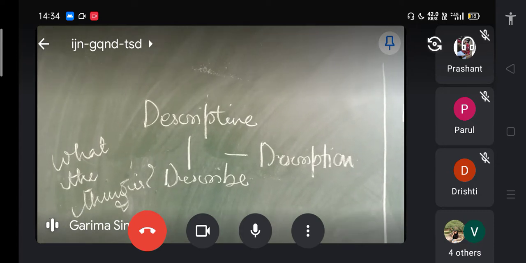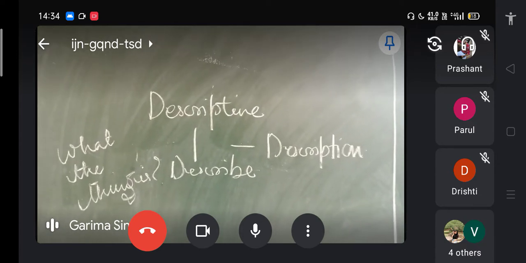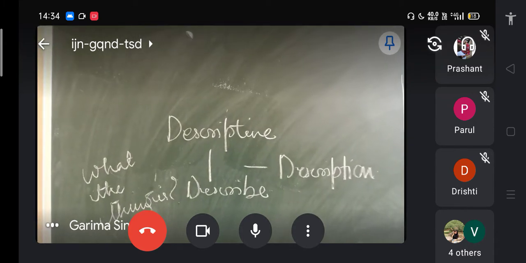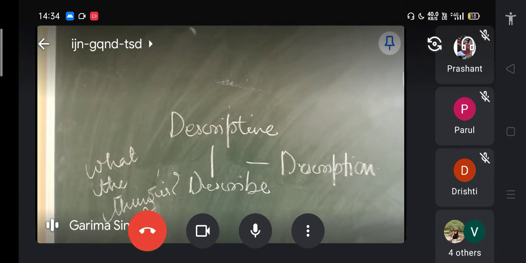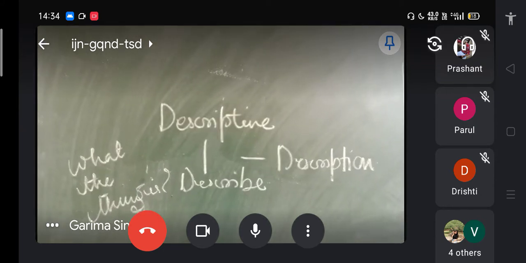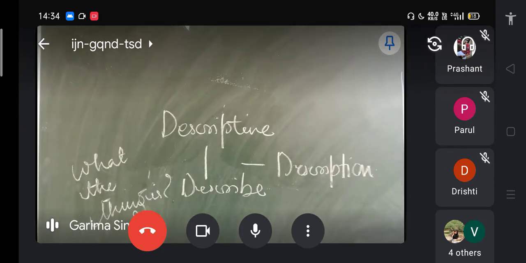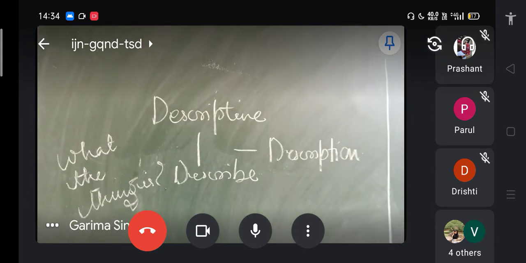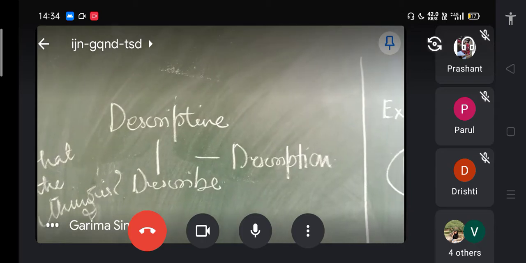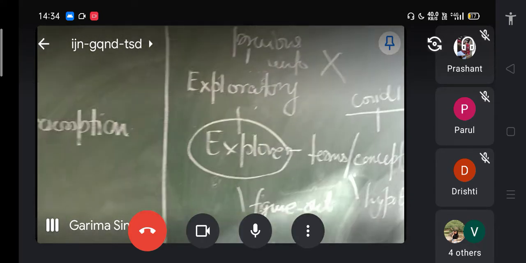So you know what camera shots is, you also know what contemporary films are, and then you'll be taking 4 or 5 films and you'll be talking about camera shots in those films. This is basic description. That is your descriptive research. So this is exploratory, this is descriptive research. Now we'll be moving to other two types, diagnostic and explanatory.